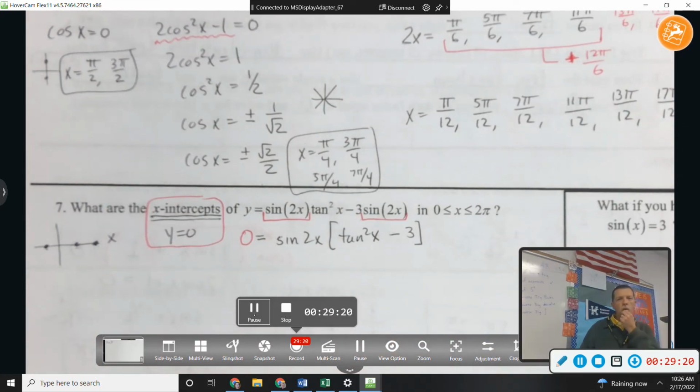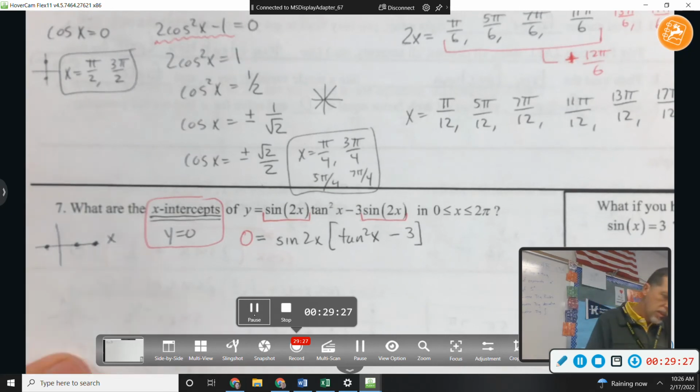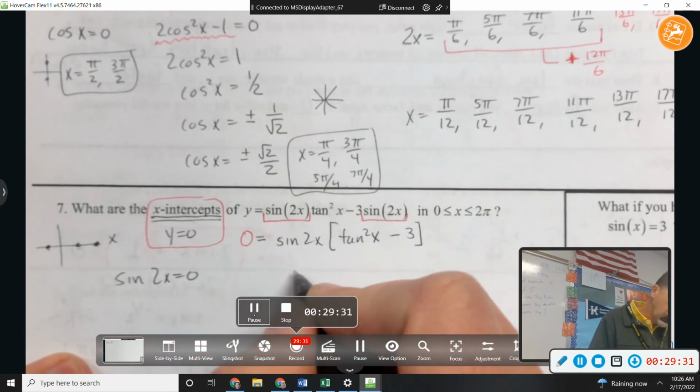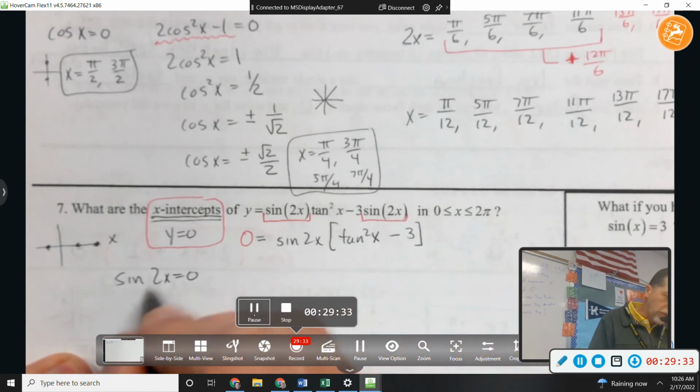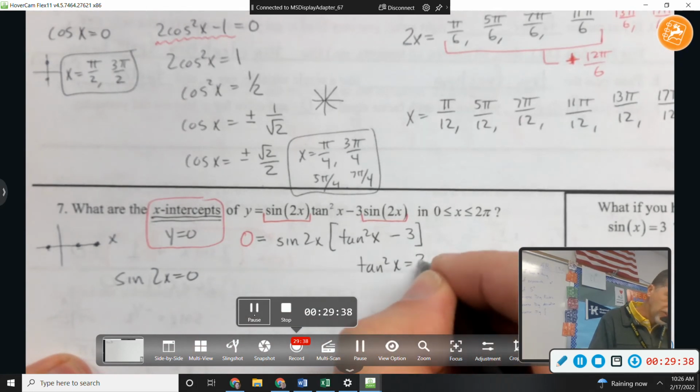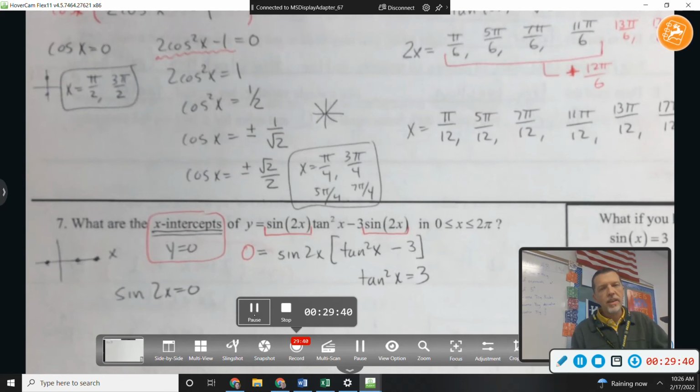Well, it's multiplied to the sine, so when we factor it out, the 3 is still there. So sine of 2x equals 0. We'll have to do the double thing on that one. And tangent squared x equals 3. I guess we'll just take them in order.